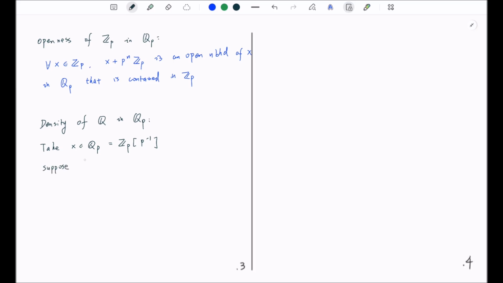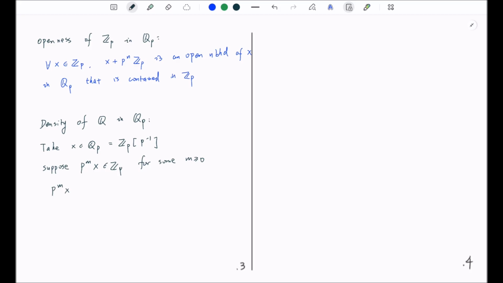Now suppose p^m x is in Z_p for some non-negative m. This m always exists because of this identification. If you multiply x by some power of p, the denominator can be eliminated.